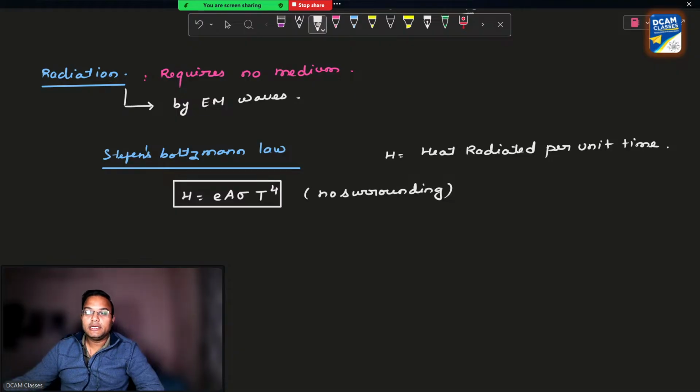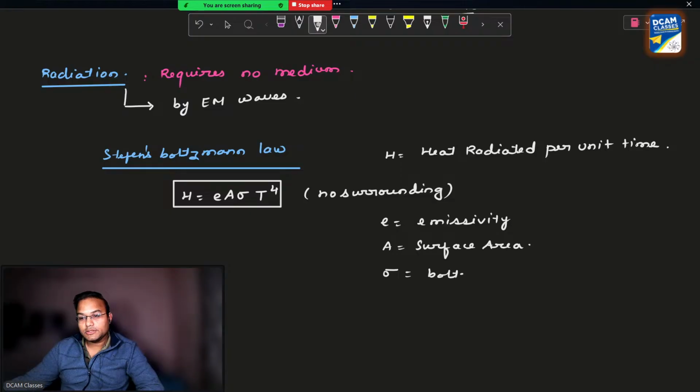H is the heat radiated per unit time. E is the emissivity. It is a constant which is just multiplied here. A is the surface area from which the heat is being radiated. Sigma is the Stefan-Boltzmann constant.